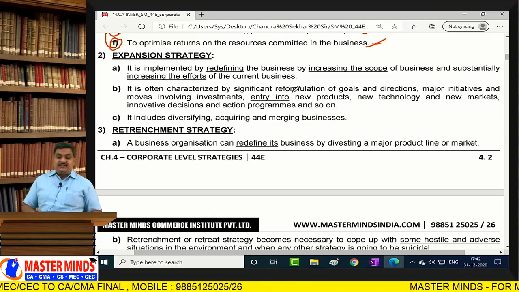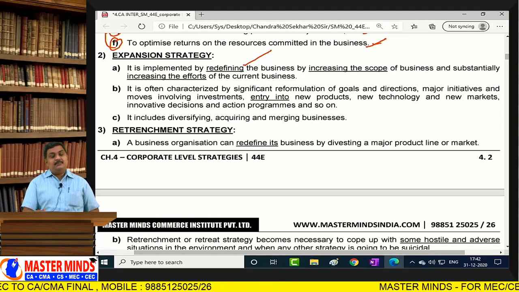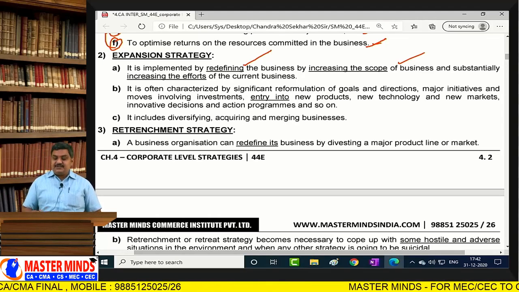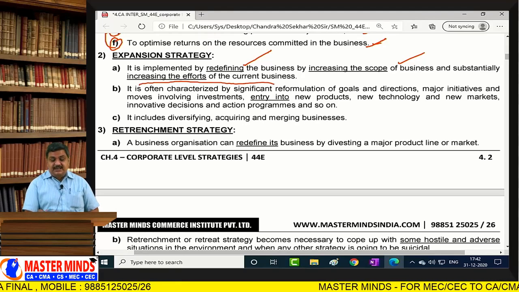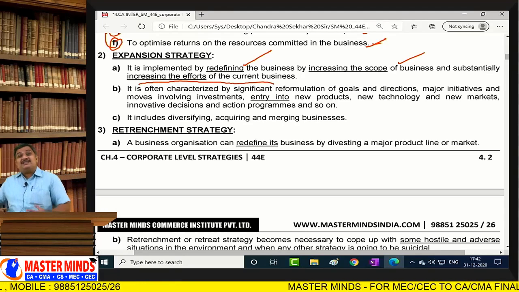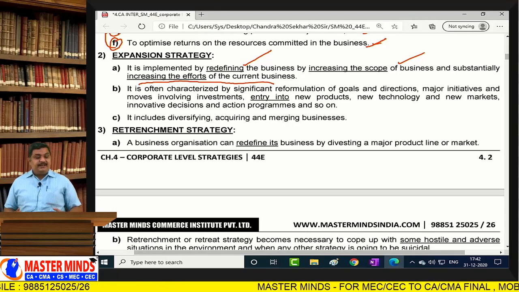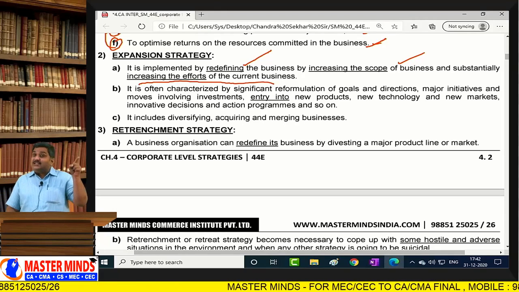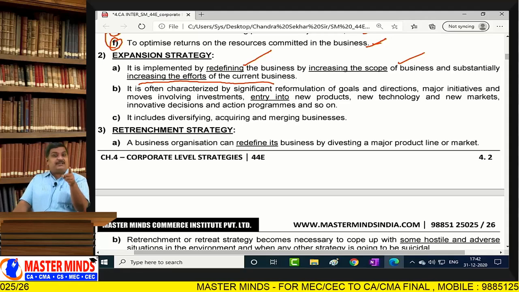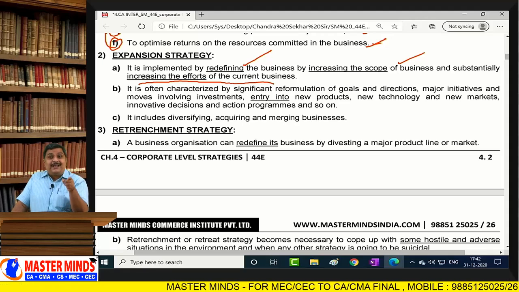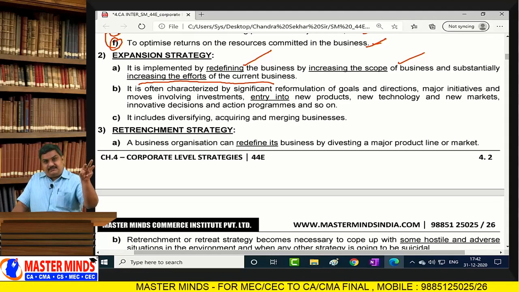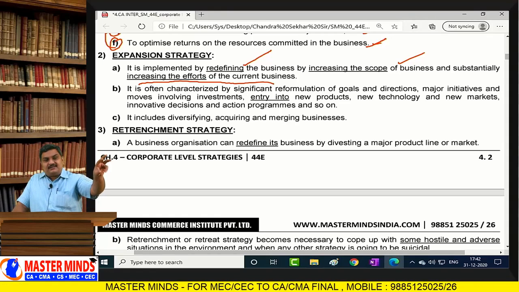So in expansion, there will be redefining of the business by increasing the scope of business and substantially increasing the efforts of the current business. In stability strategy also there will be efforts, I told you. But there, minimal or normal efforts are enough.